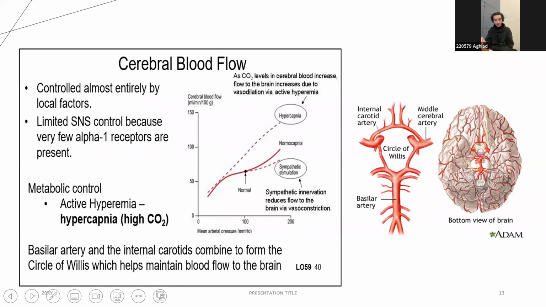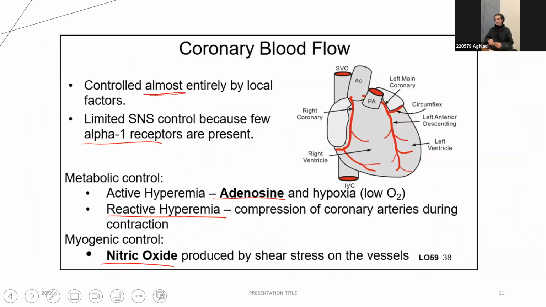Everything so clear so far? Type yes. If you have any questions, please feel free to ask me. I'll repeat. Active hyperemia is when there are too many metabolites. Reactive hyperemia is when there's a slight occlusion, not necessarily pathological, and then opening up of the vessel, as you can see in the previous slide.